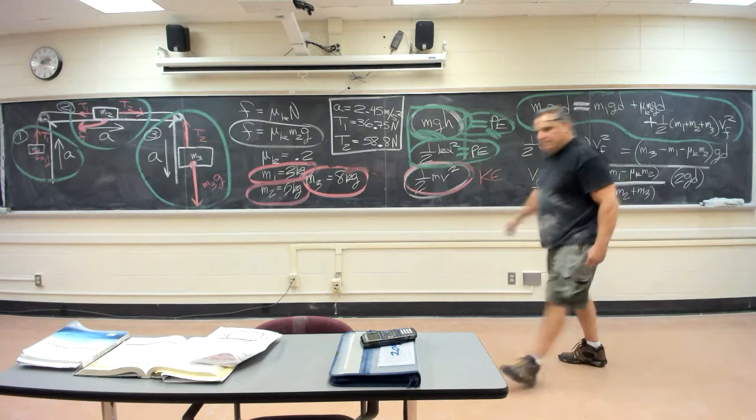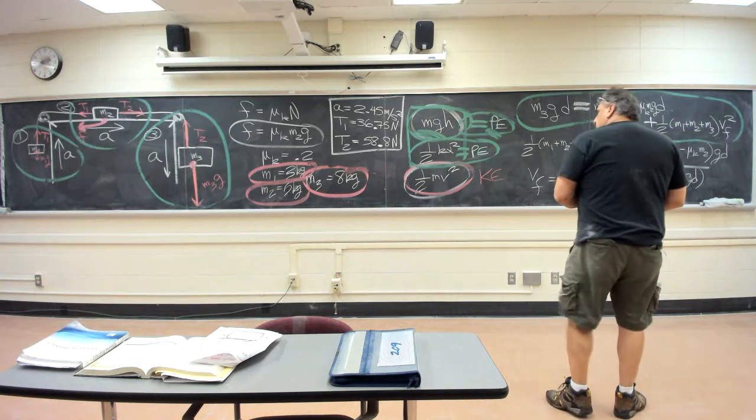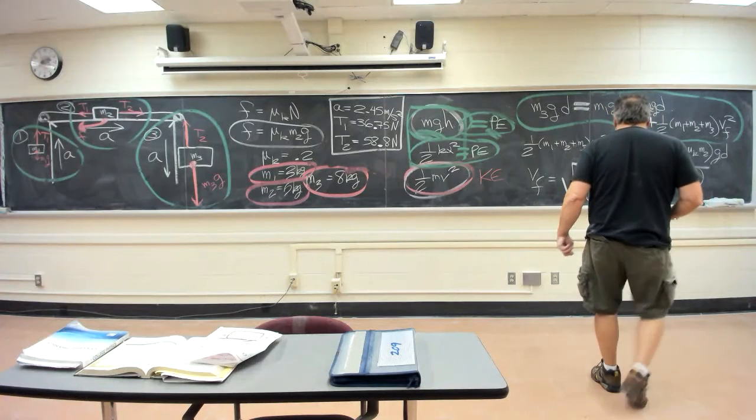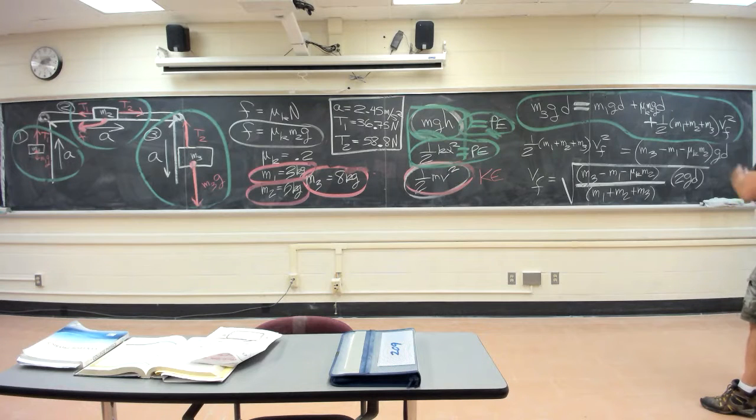When you look at it, 3, 5, 8, 0.2 is 1. So let's see what we got here, guys.